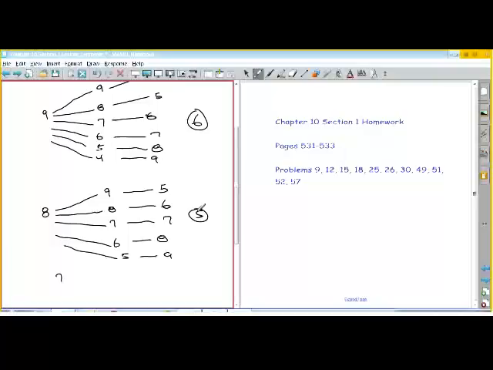How many do you think there are for 7? If there's 6 for 9 and there's 5 for 8, there probably is 4 for 7 and 3 for 6. Because what's driving this, what's limiting the number, is this. And so when I make this one smaller, it's going to eliminate one of them. So I'm not going to write every one of them.